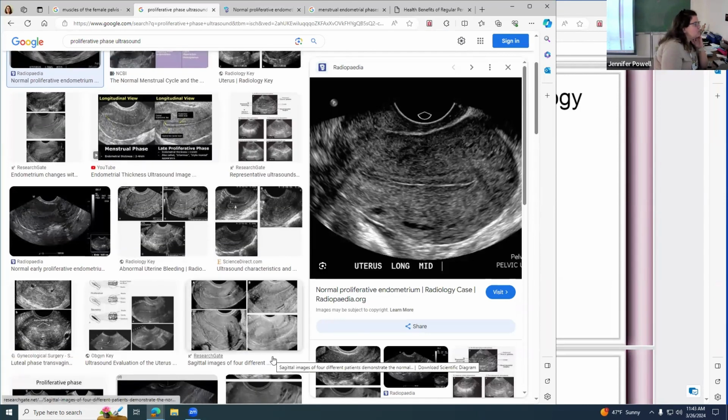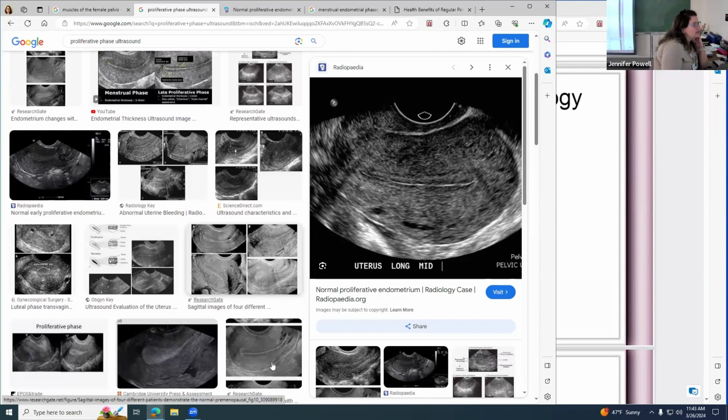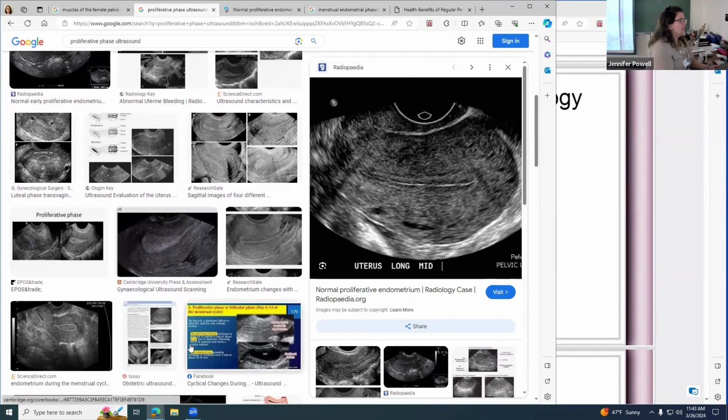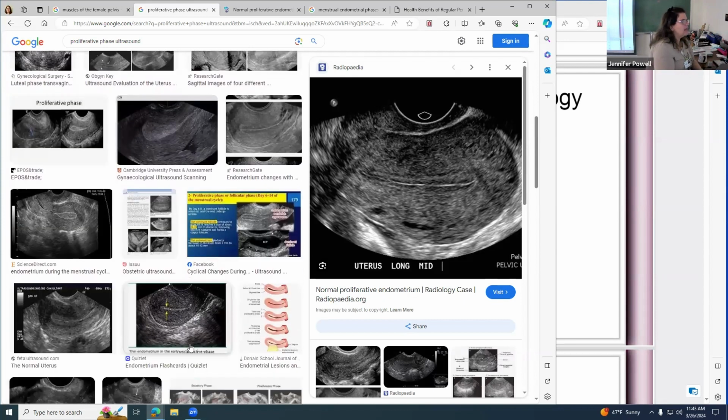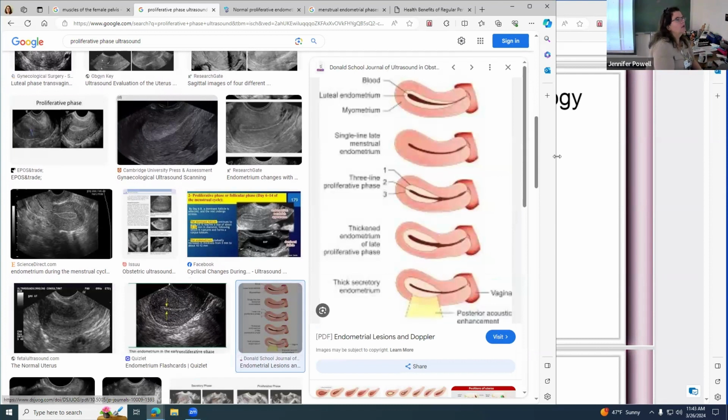And then the thickest one being secretory, like this here, very thickened. And when you see an endometrium that's thick like this, it's normal if they are of menstrual or childbearing age. It's very normal to have a thickened endometrium like that.